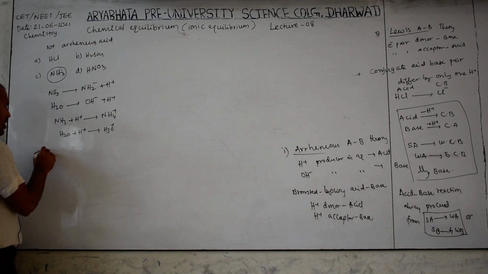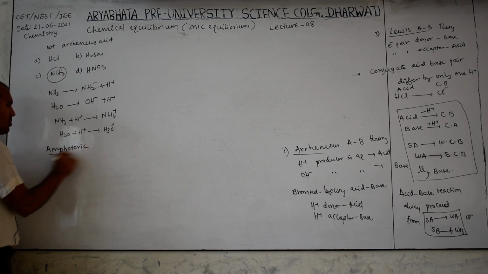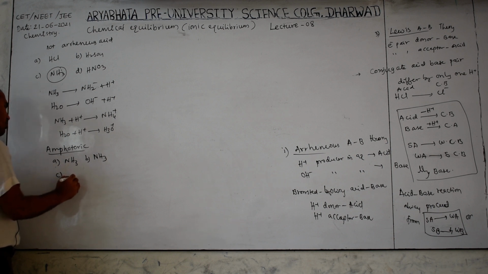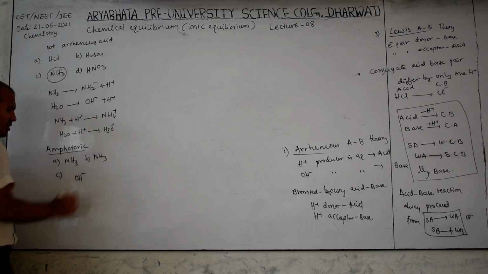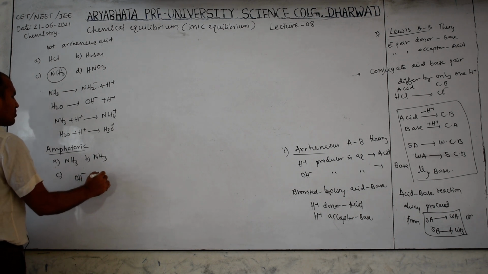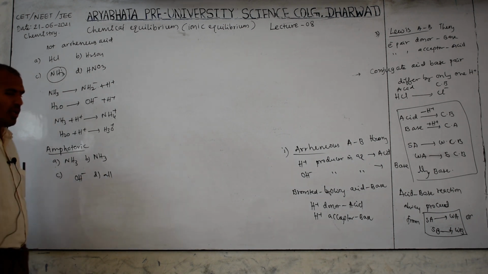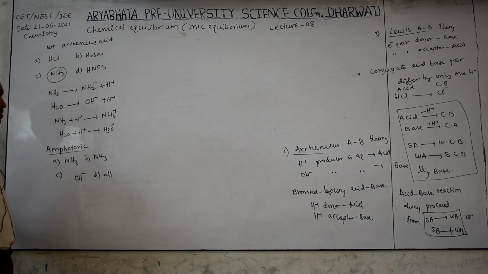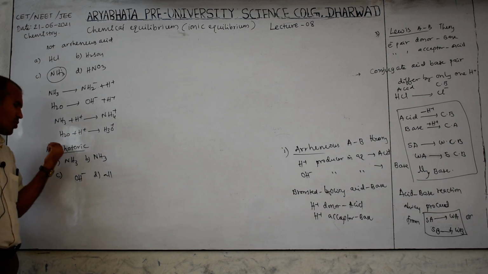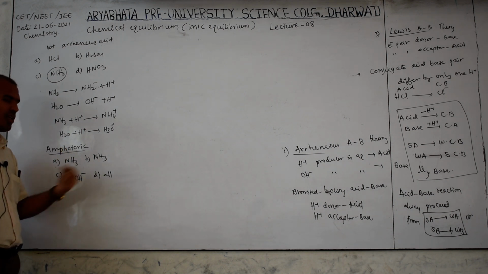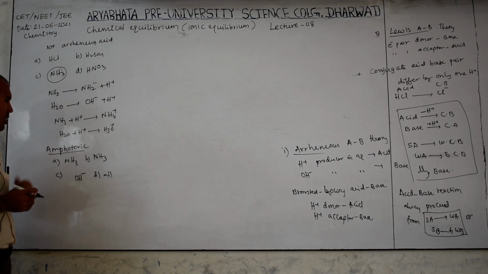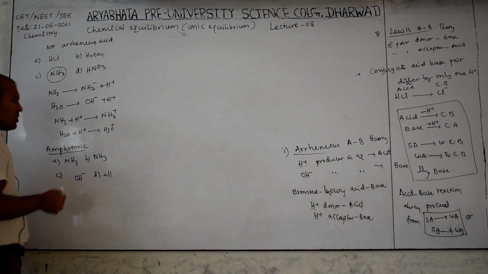So which of the following is amphoteric? Option A water, option B NH3, option C OH minus, option D all. If a question like this is given, or if which of the following is not amphoteric is given, then none of the options may be given, and you have to answer. So according to Bronsted theory, what is an acid, what is a base?